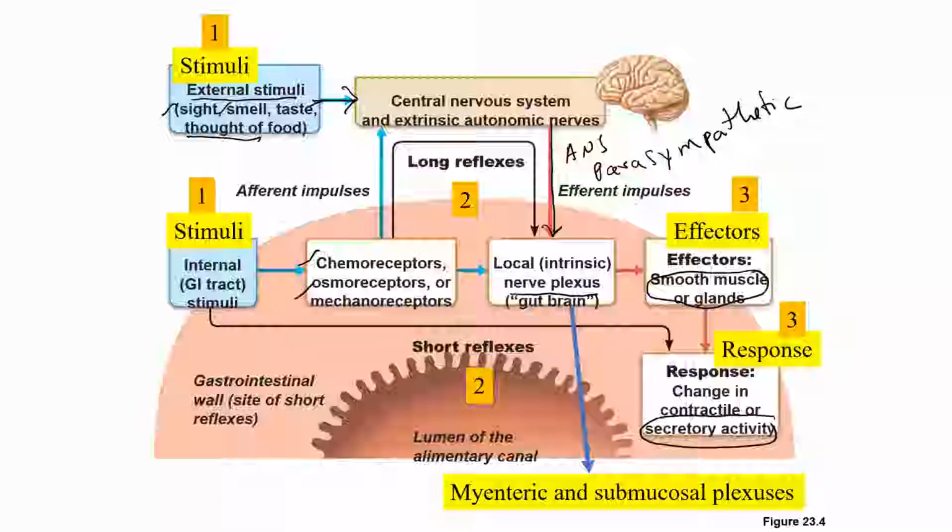By the same token, the receptors found in the GI tract itself, chemoreceptors, osmoreceptors, and mechanoreceptors, will also stimulate nerve plexuses. These nerve plexuses refer to the submucosal plexus and the myenteric plexus. In turn, the effect will be smooth muscle contraction and secretion of glands.